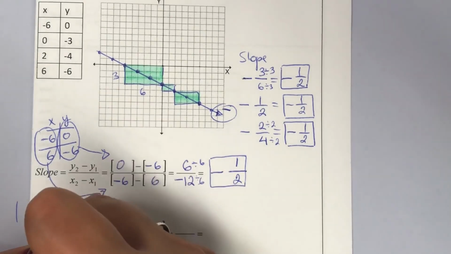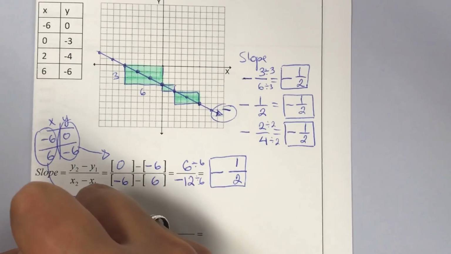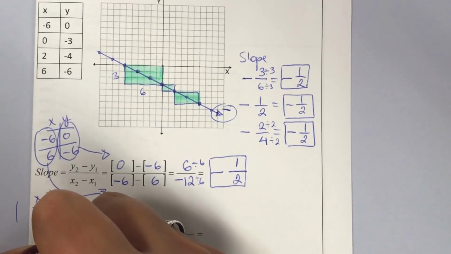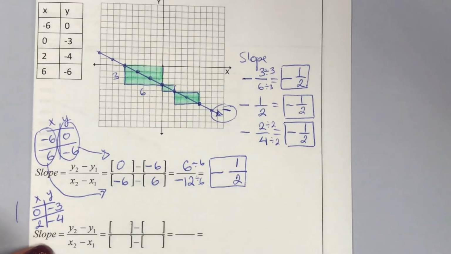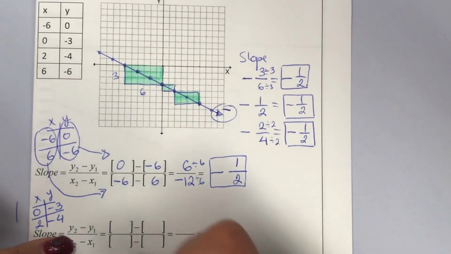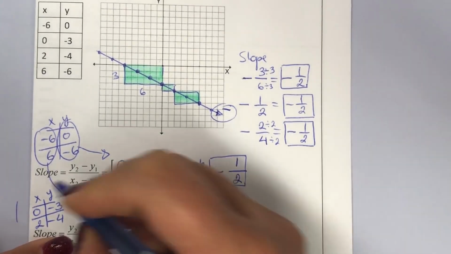Let's pick another combination. So let's say I pick point (0, -3) and (2, -4). I pick any 2 points, because in order to find the slope, you can pick any 2 points in the given chart or on the given line. Numerator, subtracting the y-coordinates, -3, and then we subtract -4.